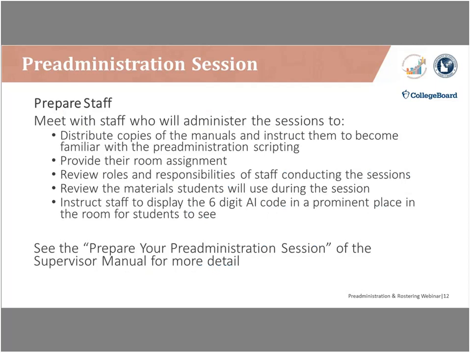Preparing your staff: basically just have a meeting with them about how the administration sessions will go. You can distribute copies of the manuals and instruct them to become familiar with the pre-administration scripting, provide their room assignment, review the roles and responsibilities, review the materials that they're going to be working with, and most importantly, instruct them to display the school 6-digit AI code or attending institution code in a prominent place for the students to see, because they're going to be asked to place that on the answer document during the pre-administration session.